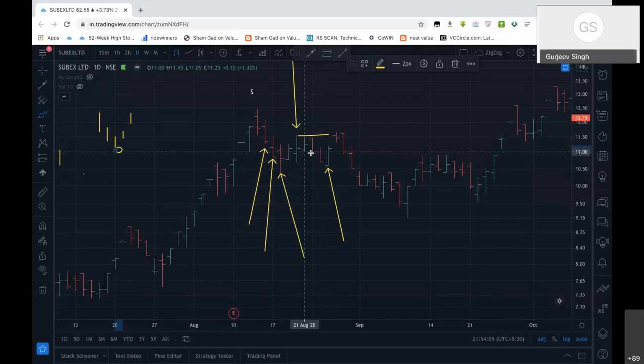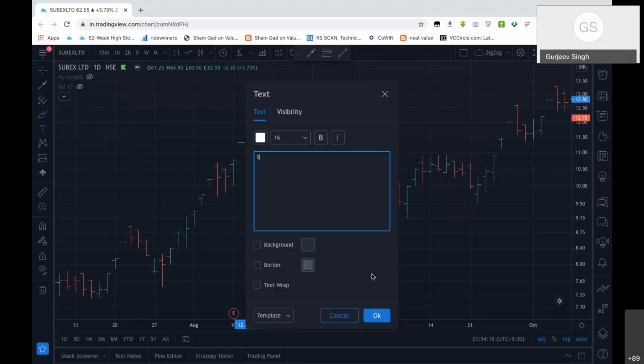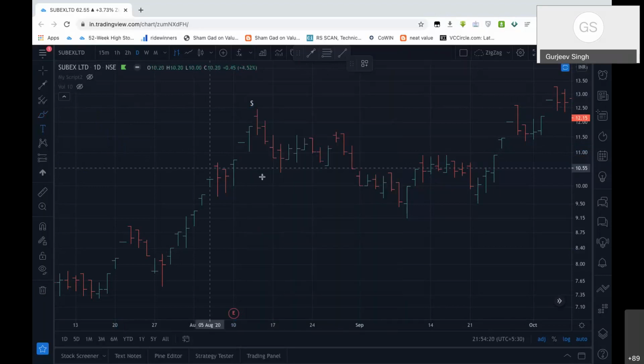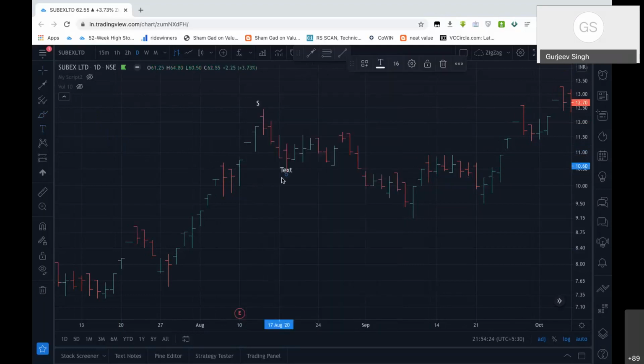So these three are inside. I will ignore this, and this bar broke the low of this bar because the low over here was 1060. So as per this study, this is my starting point, and this is not a swing low.